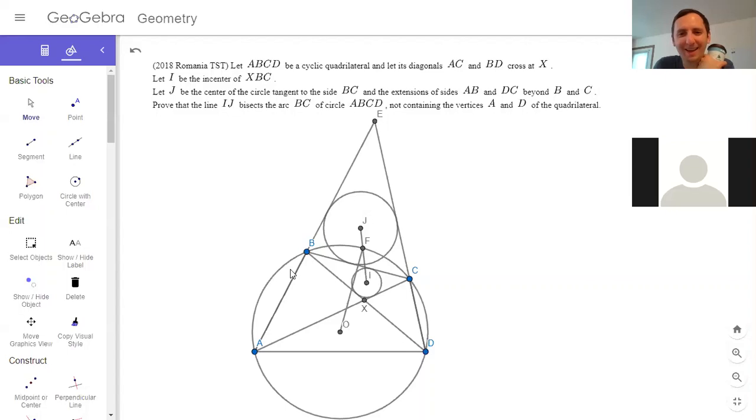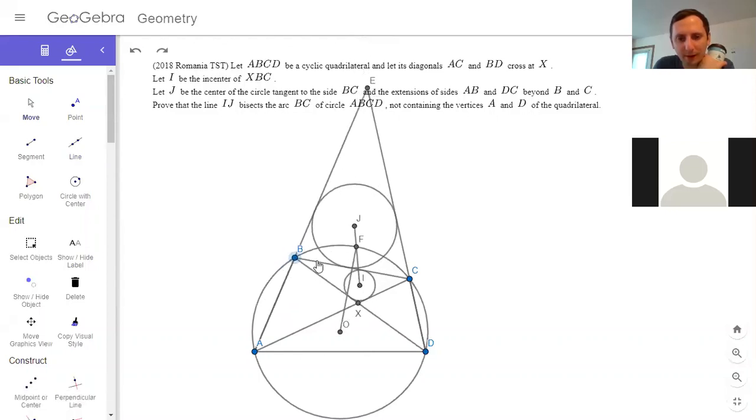Let me try some things. No, that doesn't do much. If I move things around, it might give me some insight.